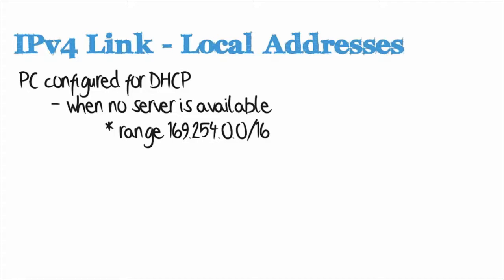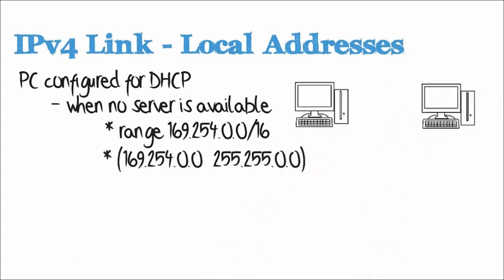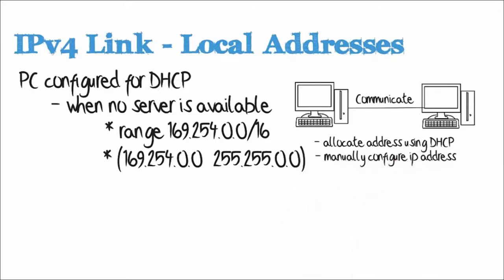Now, in the really old days of networking, going back to Windows 3.1, if you wanted 2 PCs to communicate, you had to either allocate an address using DHCP, or you had to manually configure the IP addresses on the PCs to communicate with each other.